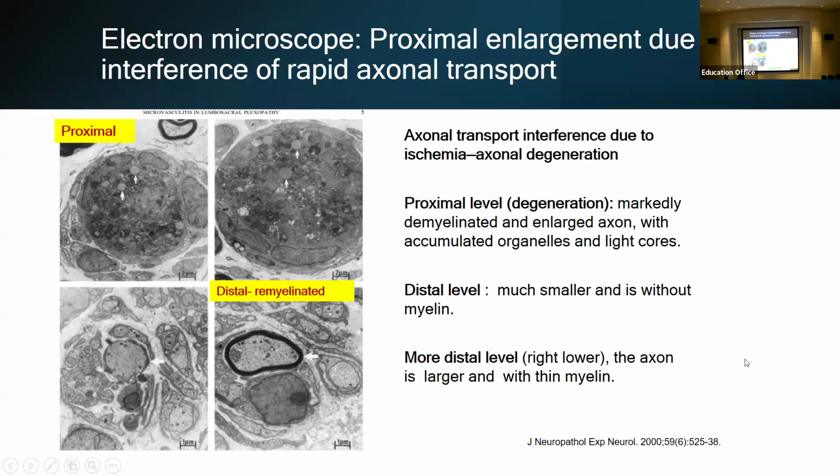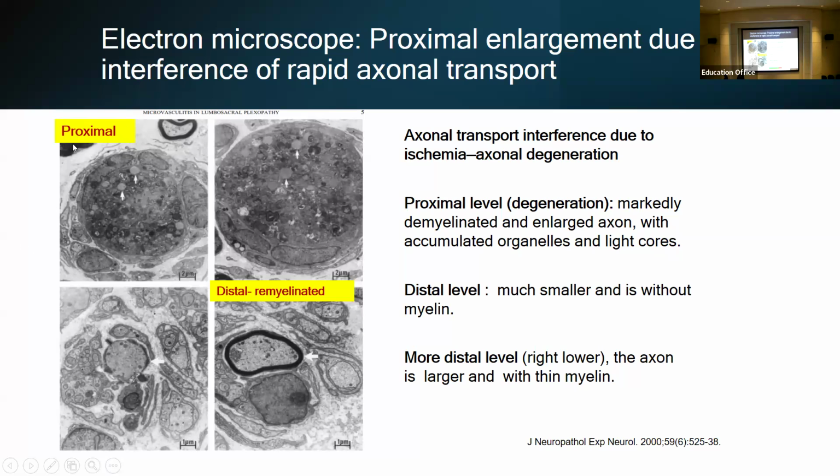So this study was published in 2000. This is a single nerve from the patient, okay? From the left upper to the right lower, it goes from proximal to distal. This is an electron microscopy image. As you can see here, this axon is significantly enlarged, right?